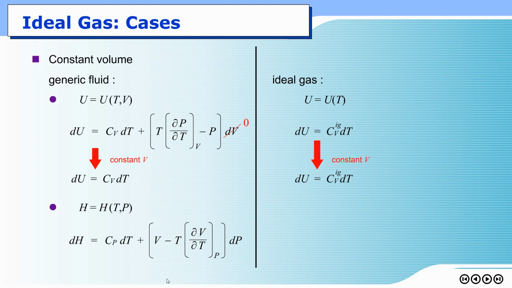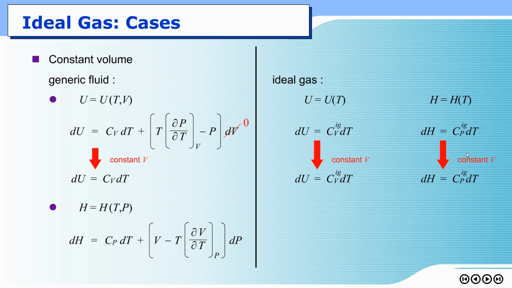So you have to end up using this whole equation. For ideal gas, on the other hand, we start with enthalpy as a function of temperature only, and dH would equal Cp dT always. Once again, on the right hand side, it has nothing to do with volume. It is a function of temperature only.